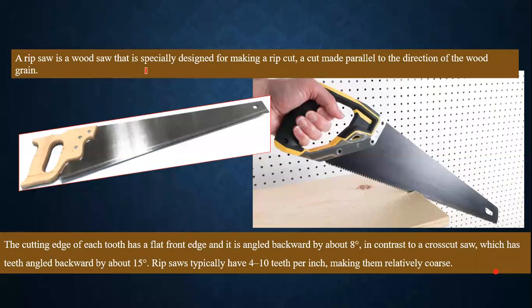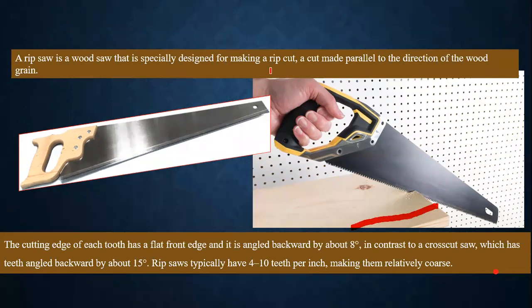So a rip saw is designed specially to rip the wood. When we say to rip the wood, we use it basically to cut the wood along the grain. Please watch the wood here that the saw is cutting. If you look at the direction of the grains, it moves in this direction. That direction is what we call along the grain.